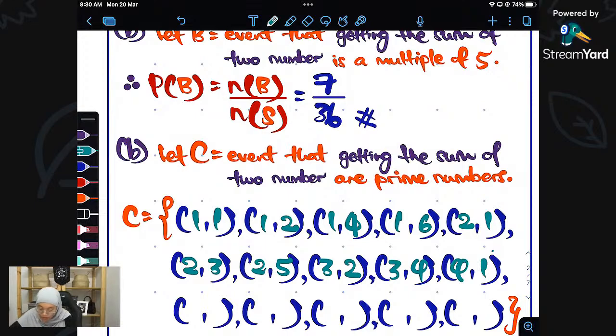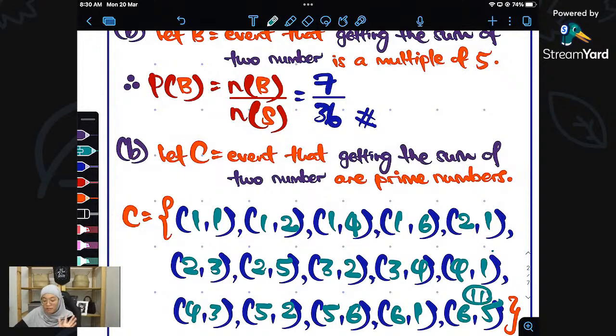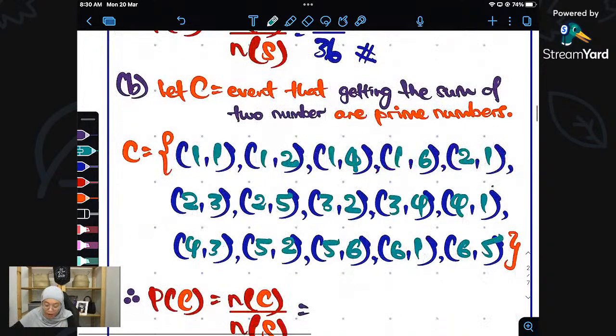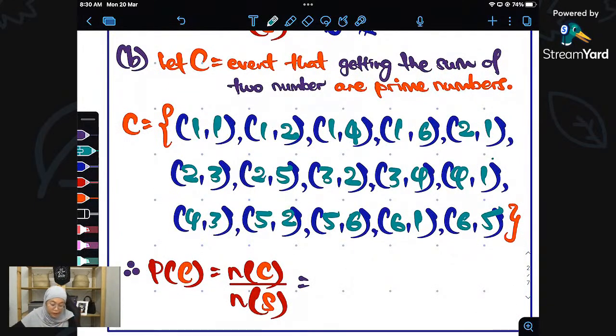So 4 plus 1 is 5, 4 plus 2, no, 4 plus 3, 7. And then we got here 5, 2, 5, 3, no, 5, 6. 6 and 1, and then 6 and 5 gives you 11. 11 is a prime number. Yeah. And so, how many of them? We got 15 here. Therefore, the probability of event C, that is why we have to give it a name. Otherwise, it is troublesome to write long sentences in the probability.